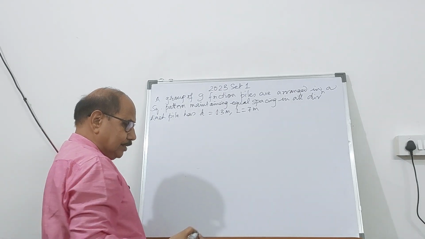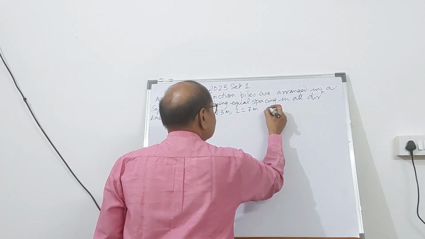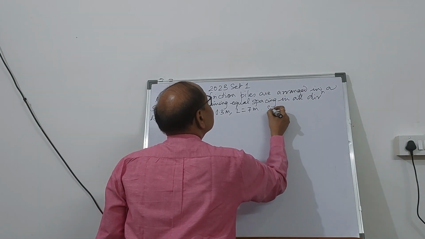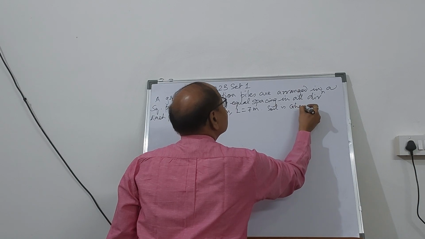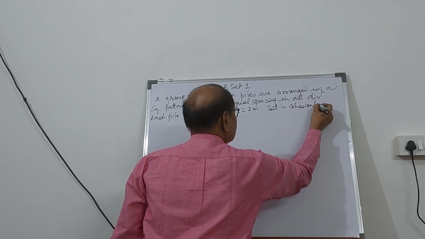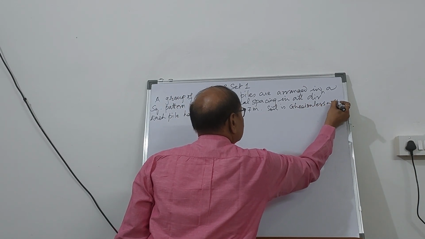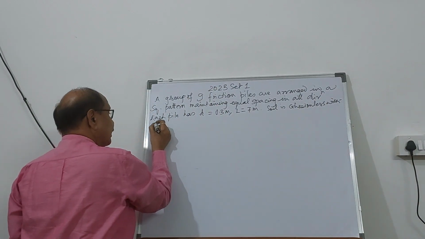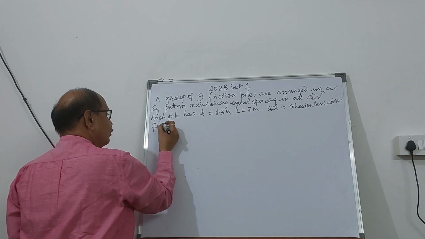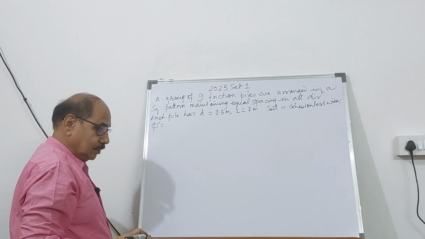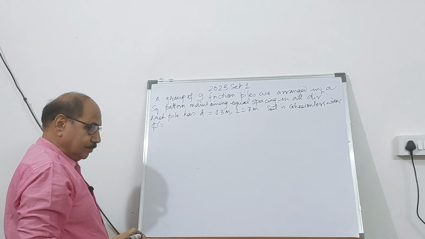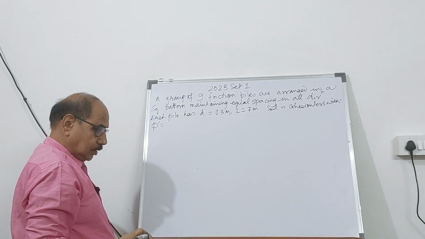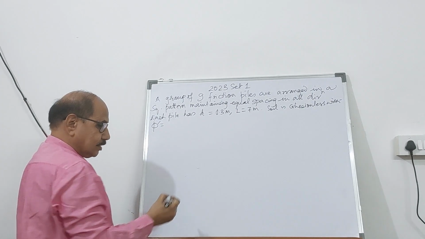It is embedded in soil that is cohesionless, with the effective angle of friction phi prime given as 32 degree.